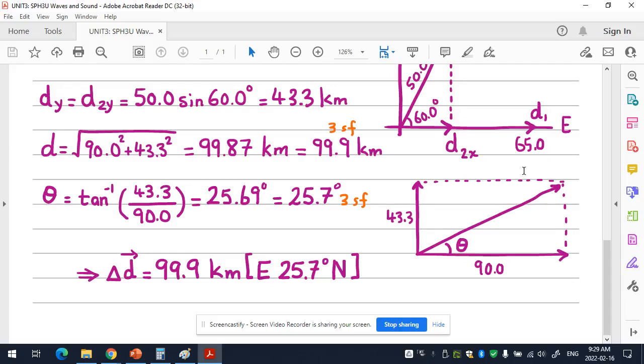Why did we put 43.3? We already have the destination here. No, because this 50 is only for one trip. Remember, the plane is actually going to move this way overall.